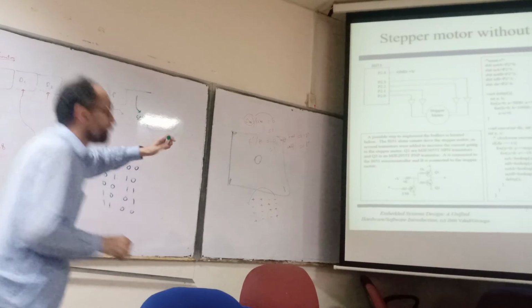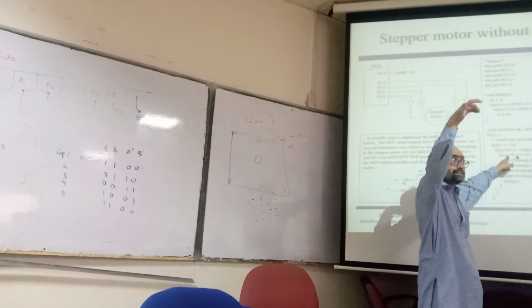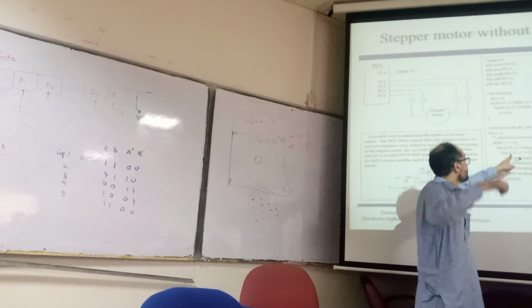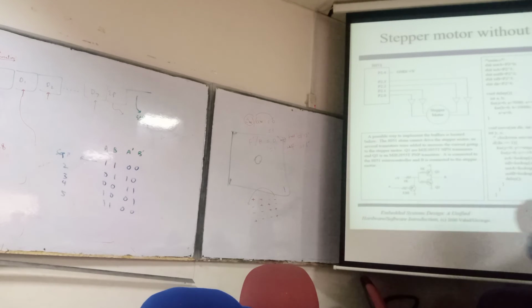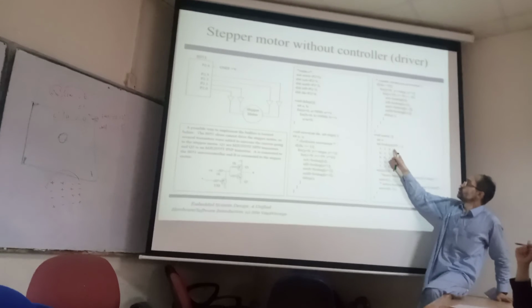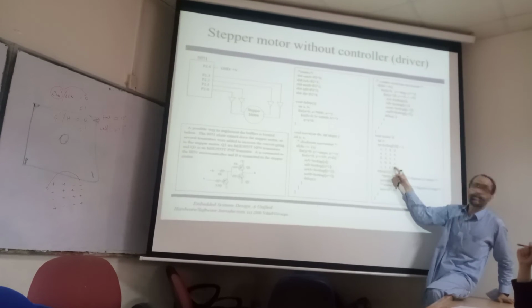Now if you look at this code, Z is the loop variable. Z is equal to 0, Z is smaller or equal to 19. Why smaller or equal to 19? If you look at this array, lookup 0, this index is 0, then 1, 2, 3, 4, 5, 6, 7, 8, 9, 10, 11, 12, 13, 14, 15, 16, 17, 18, 19.